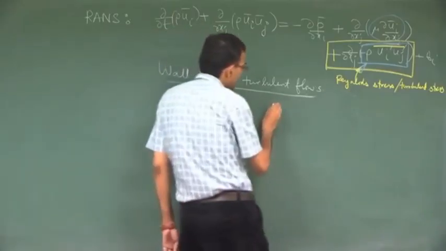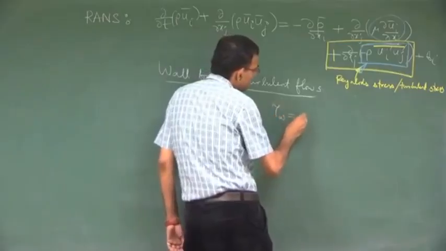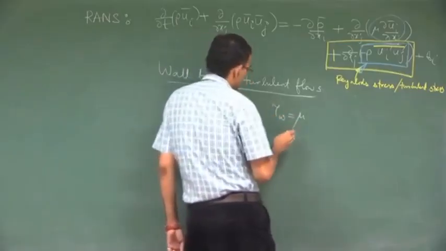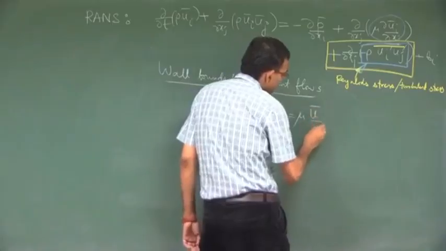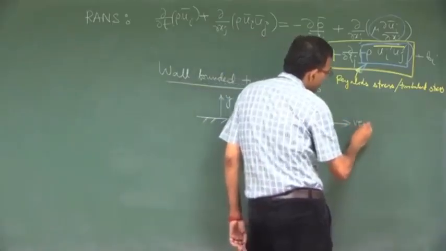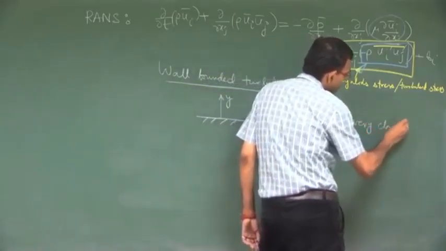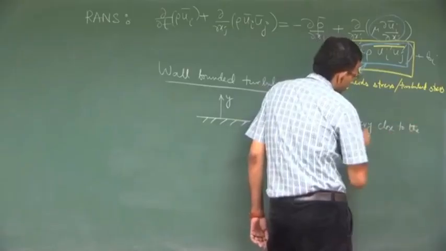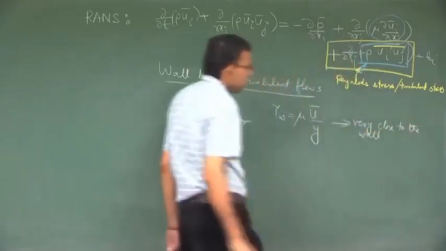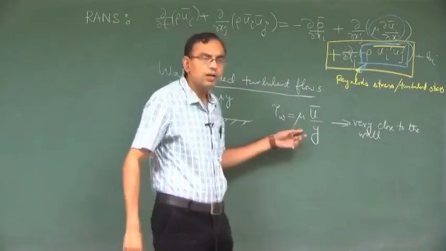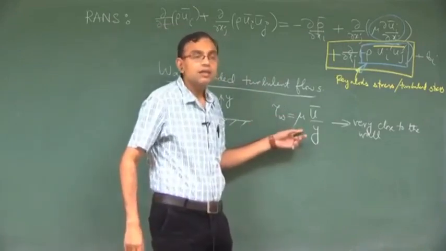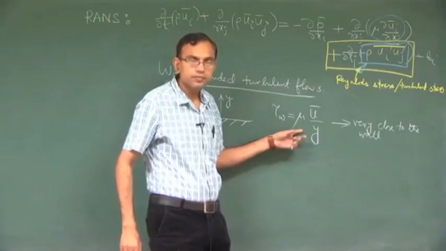So, you can write tau wall is equal to mu du dy. So, very close to the wall you can write this. This is called the near wall behavior in the viscous sublayer regime.